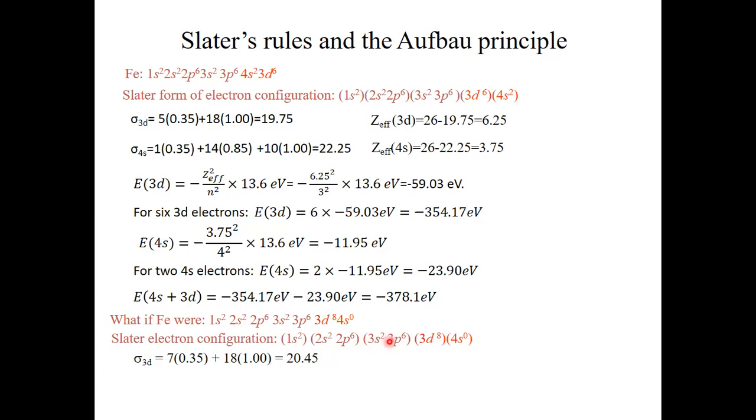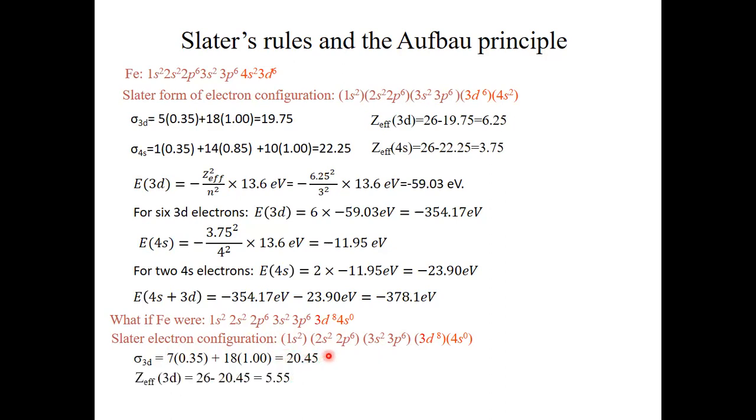And we add to that all the other electrons below, to the left of that group, and they fully shield, so they get a factor of 1.0, and overall these are 18. So we add 18 to 7 times 0.35, and that's 20.45.